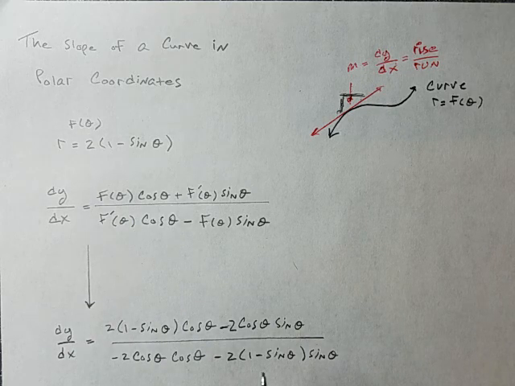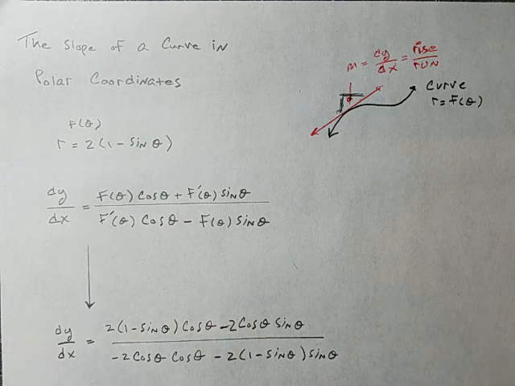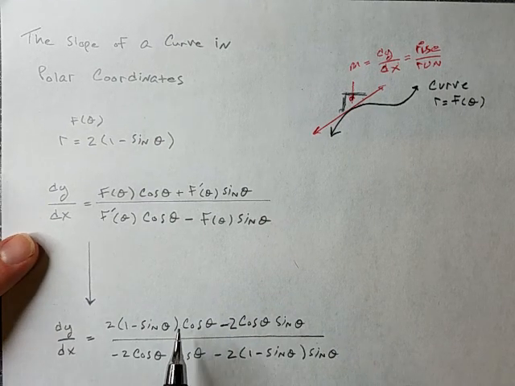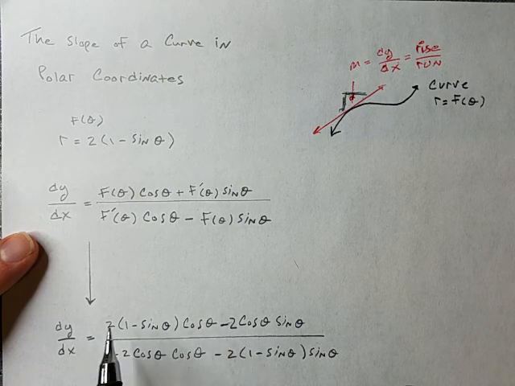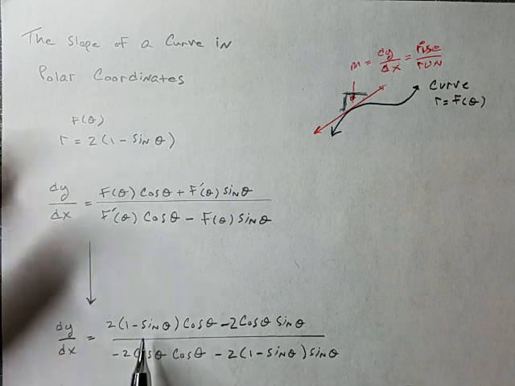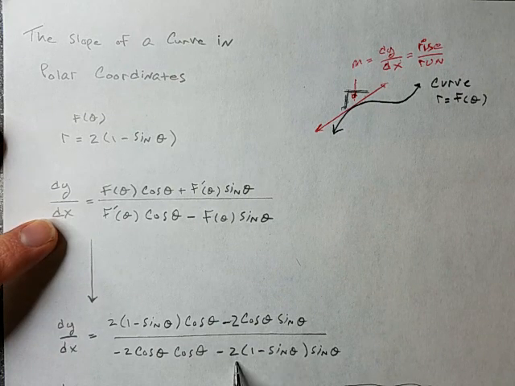But whenever we have trig functions, we wonder, can they be reduced by identities? So I want to see if that's possible in this case. Can you distribute the 2 in there? Can you distribute 2 cosine theta in there? Yes, so say I do that. And can I distribute negative 2 sine theta in here?